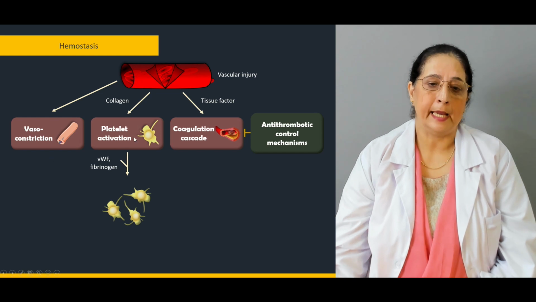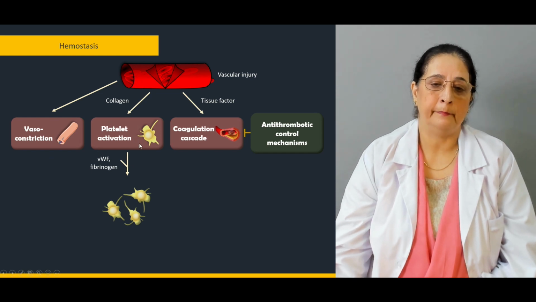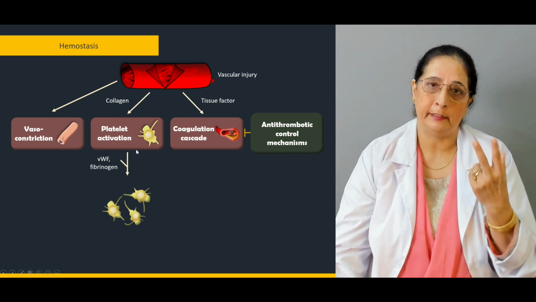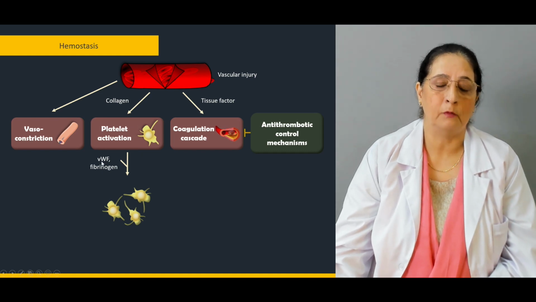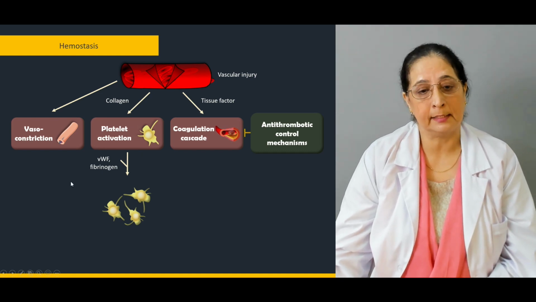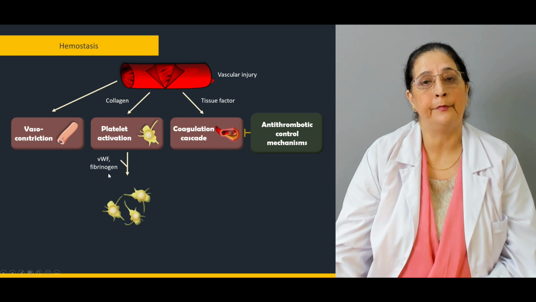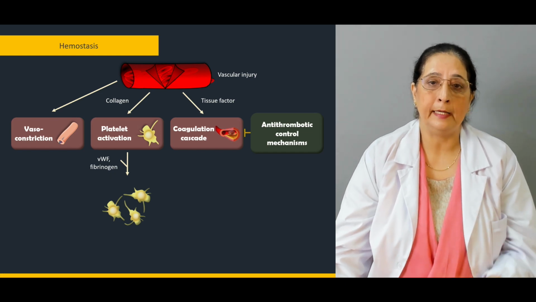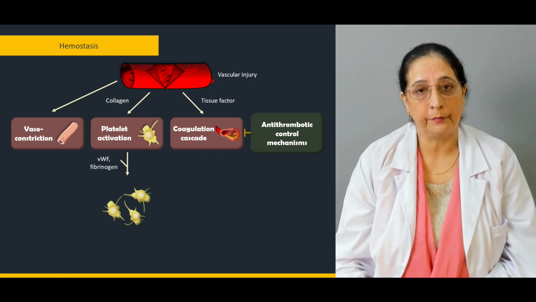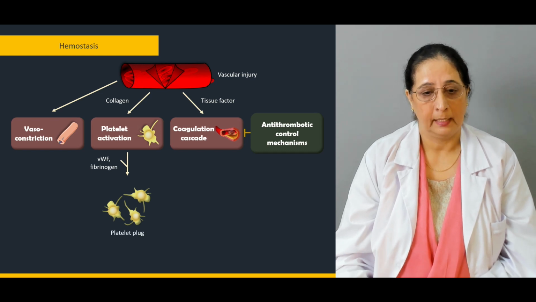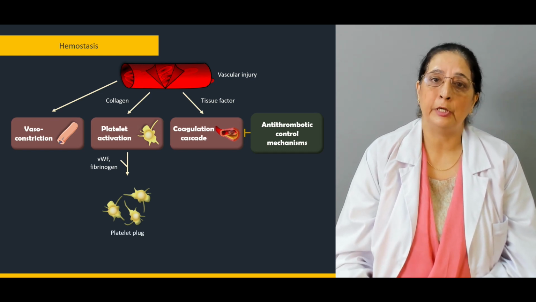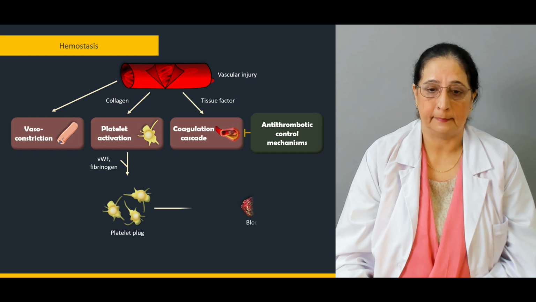The platelet activation requires two other factors. One is von Willebrand factor, and then we need fibrinogen for the platelet activation to perform its function. This helps in the formation of the platelet plug.